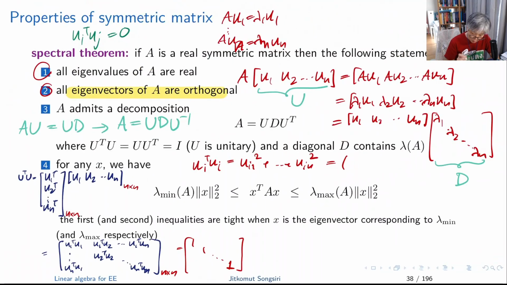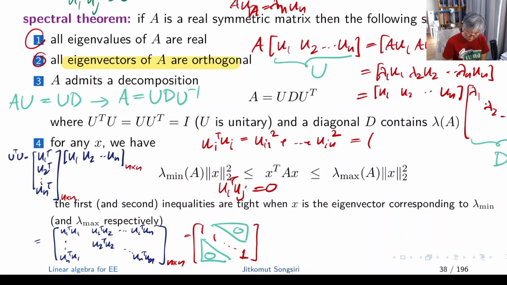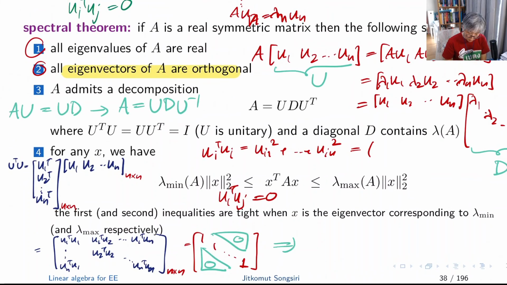Okay. And now I'm going to use the second fact that all eigenvectors of A are mutually orthogonal. So it means that ui transpose uj is 0. What I have is then all the off diagonal terms are zero. Then what we show is U transpose U equals the identity matrix.